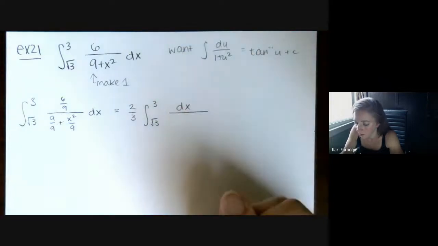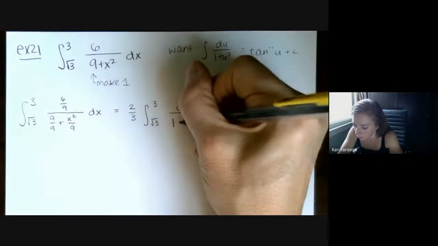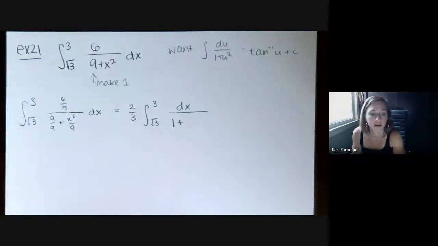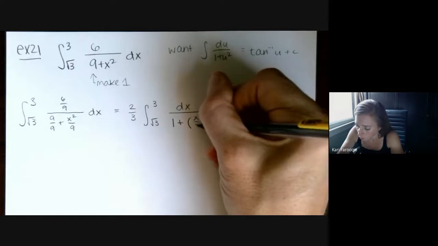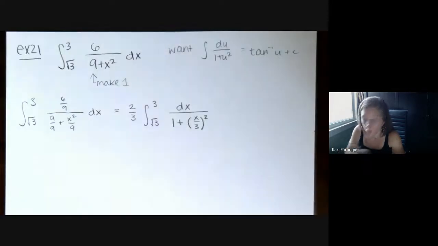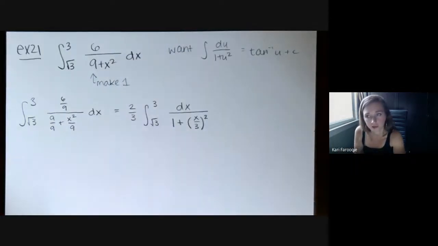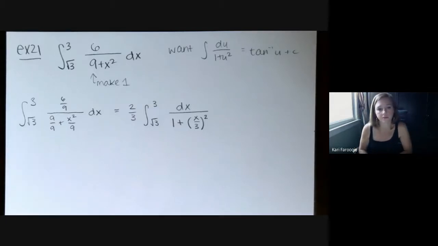Then you'll have a dx in the numerator, and then a 1 plus. Now you're going to have to write x squared over 9 as a quantity being squared. So that will be x over 3 quantity squared. If you take x divided by 3 and multiply it by itself, you'll get x squared over 9. All right, now I just did a lot of things here.